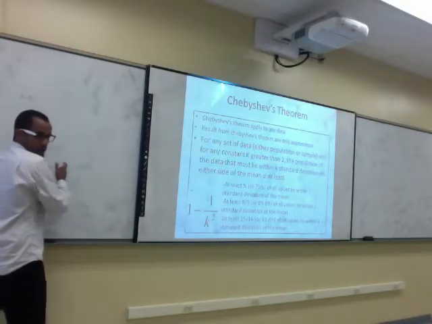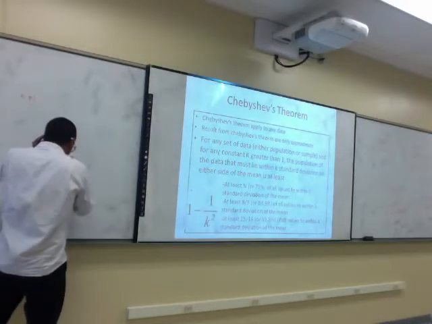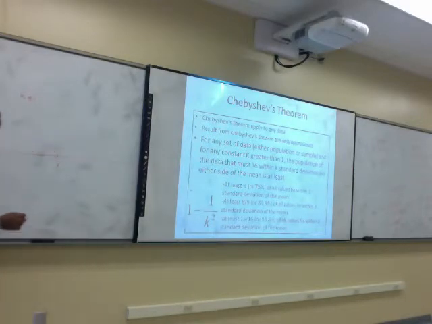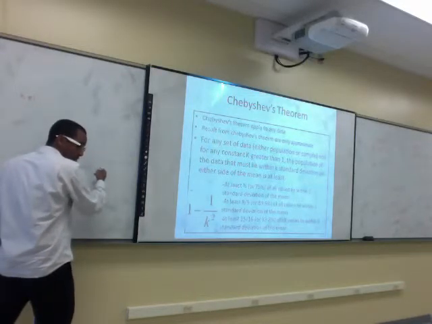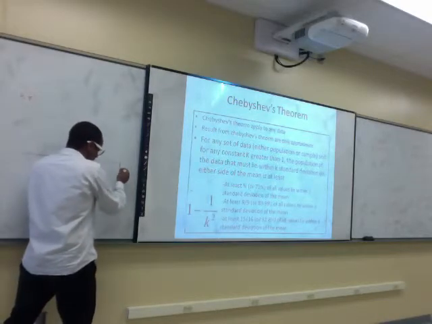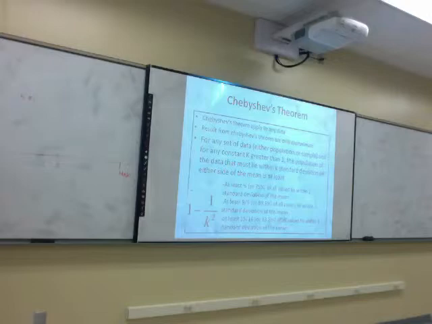If this is my mean right here, how many standard deviations did I add to the mean to get to some maximum value, and on the other side some minimum value? That distance you travel is k.